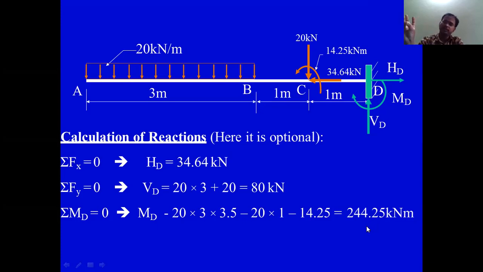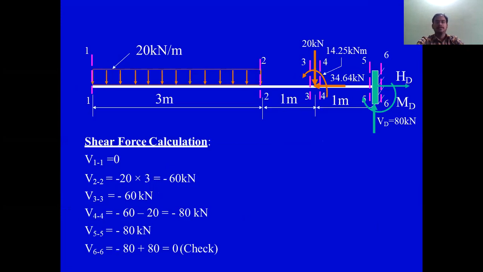So we found the reaction forces, horizontal and vertical, and the reaction moment. Next, after finding these, we need to take the sections. Section 1-1, 2-2, then 3-3, 4-4, 5-5, 6-6, before and after. So V11 is 0, V22 is minus 20 into 3, that is 20 in the downward direction.